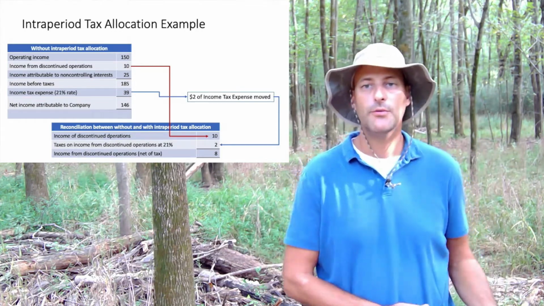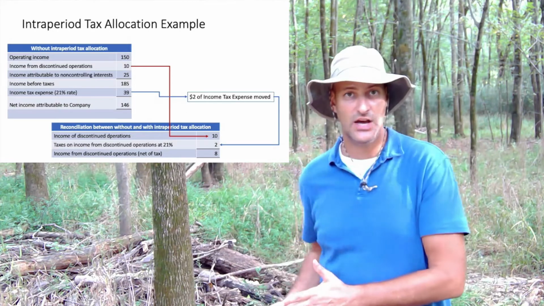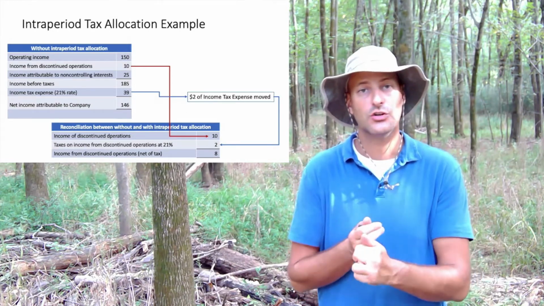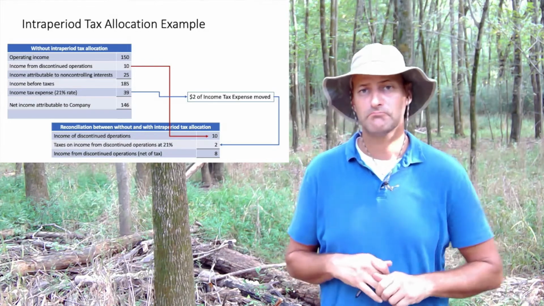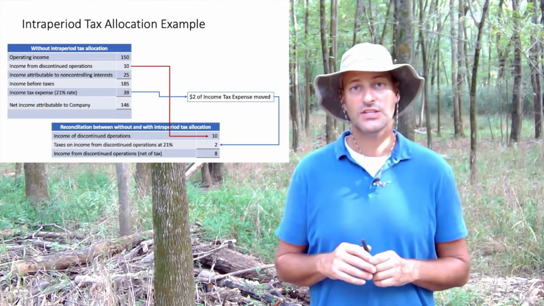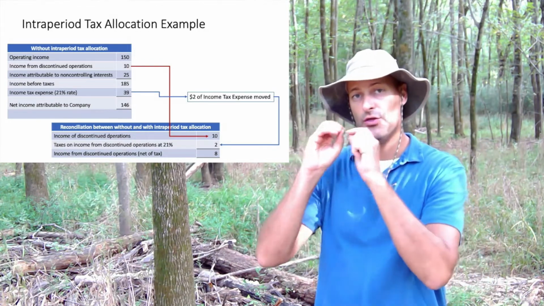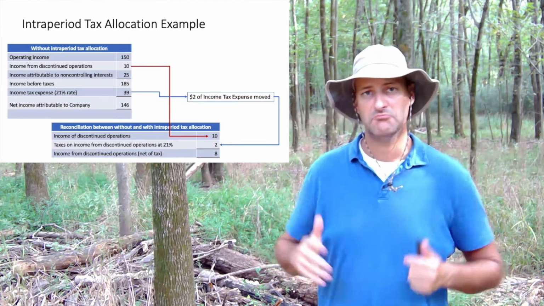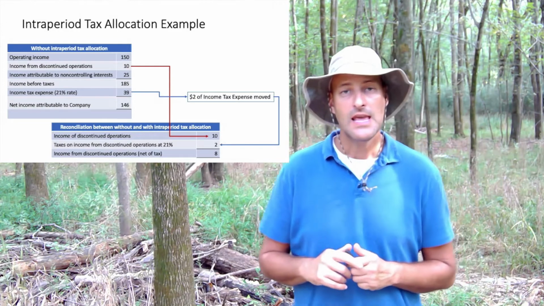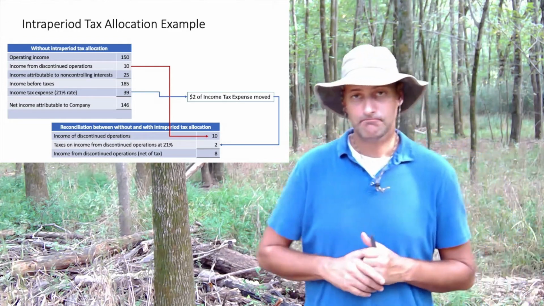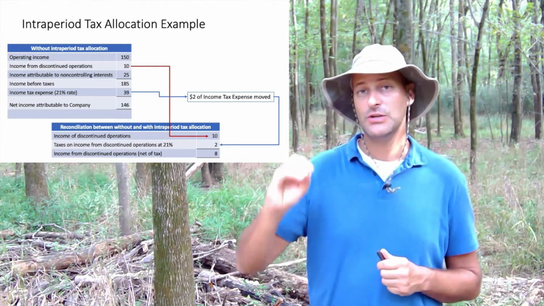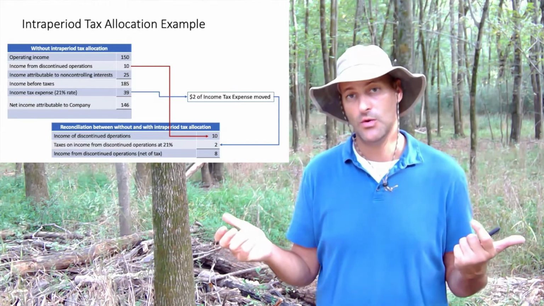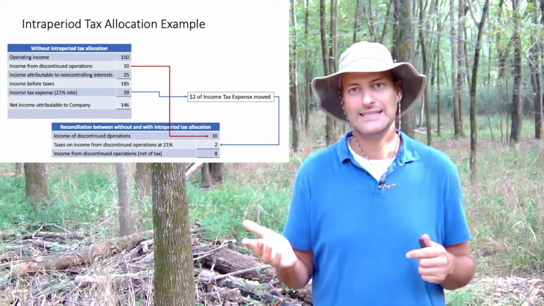Now, if we wanted to report that net of tax, let's say we need to report discontinued operations and non-controlling interests net of tax. What we do is we just take those amounts. So income from discontinued operations, let's say it's $10. Our tax rate's 21%, so the tax associated with that $10 of income from discontinued operations is going to be $2.10.